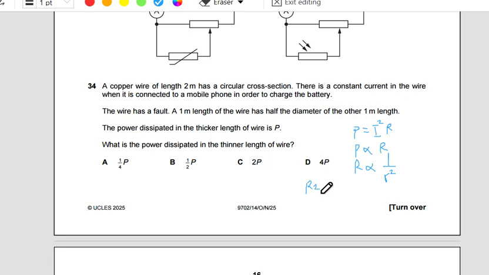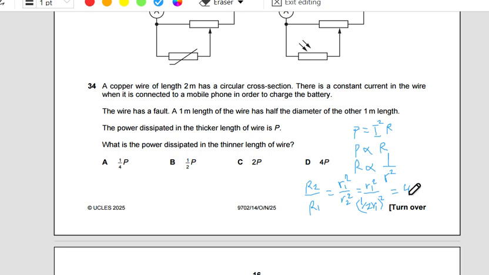So for R2, the thinner section, divided by R1, the thicker one, it will be r1 squared over r2 squared, or r1 squared over half r1 squared, which is 1 over 1/4 r1 squared. The r1 squared terms will be eliminated, and it will give us 4.